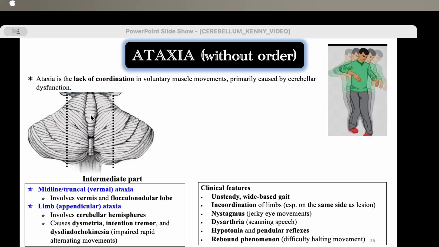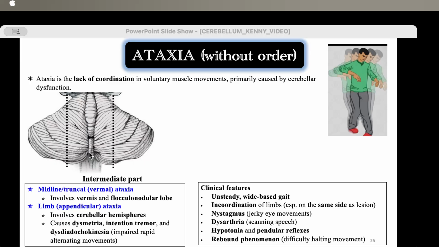So if someone has a lesion on the vermis of cerebellum, he or she will present with truncal ataxia and loss of coordination of the proximal muscles of the limb. The proximal muscles of the limb and the trunk will be affected.